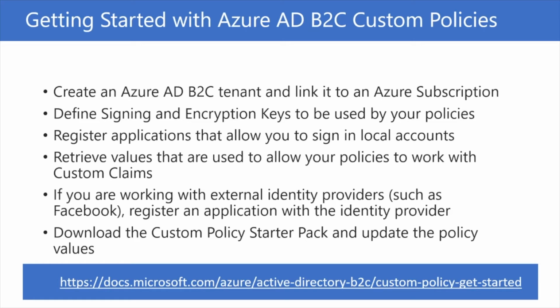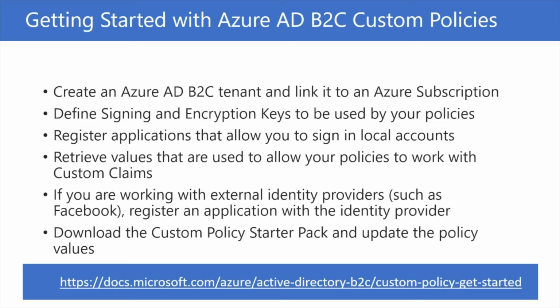Getting started. That's a lot of great conceptual background, but how do I get started working on an Azure AD B2C custom policy? The first step: you have to create an Azure AD B2C tenant and link it to an Azure subscription. We saw this, Jenny went over this in the first session in this series. You will have to define a few artifacts that custom policies are going to rely on.